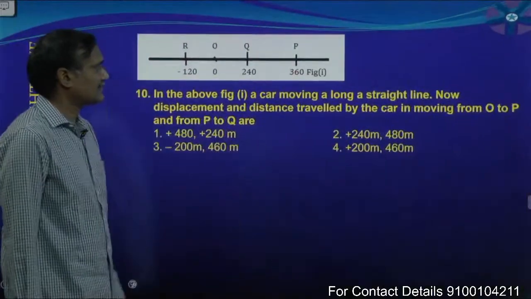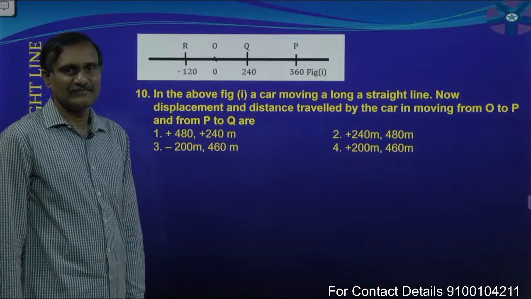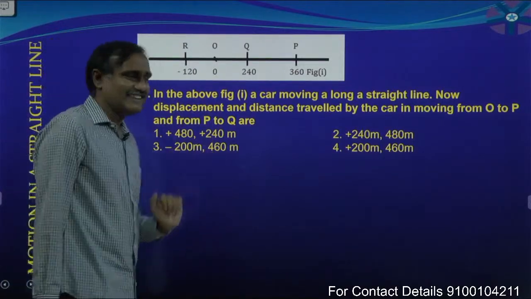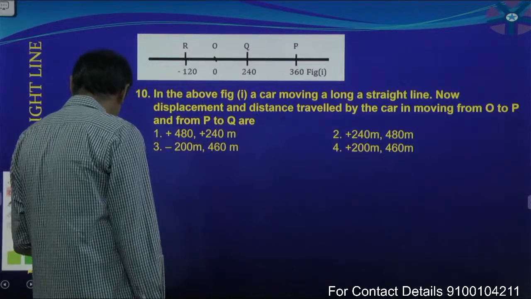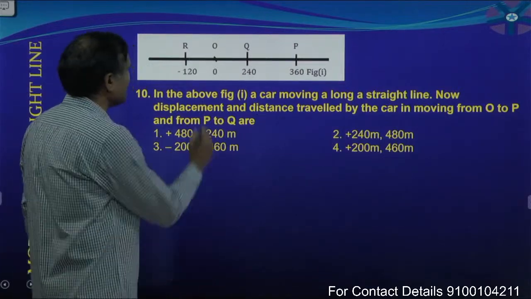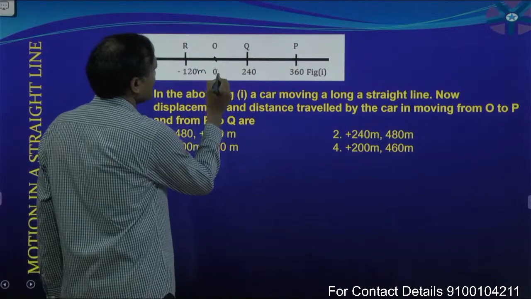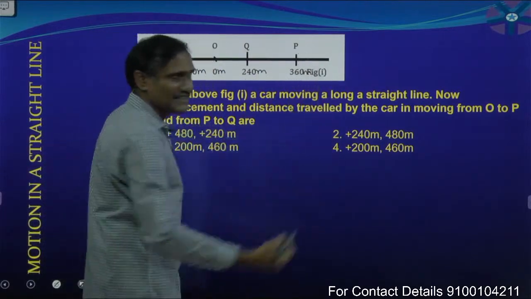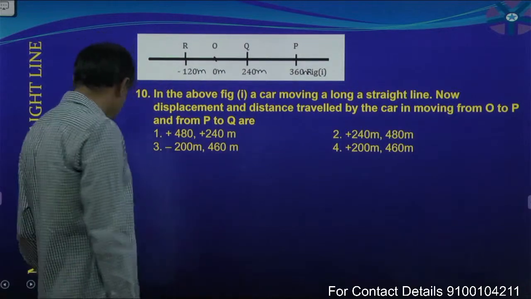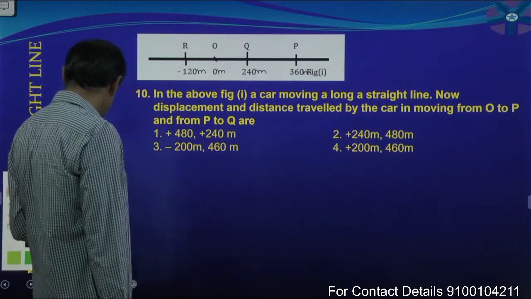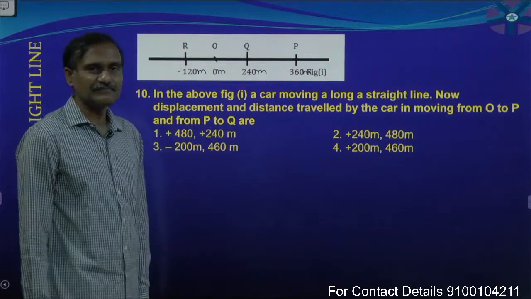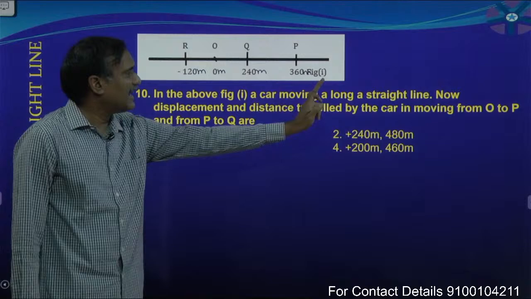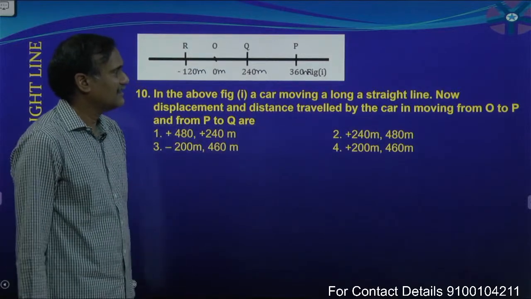Next, observe this. Now, same figure again. Again I want to consider those values are in system international: 0 meter, 240 meter, 360 meter. Okay. Now, which one do you want to calculate here? A car is moving along a straight line.